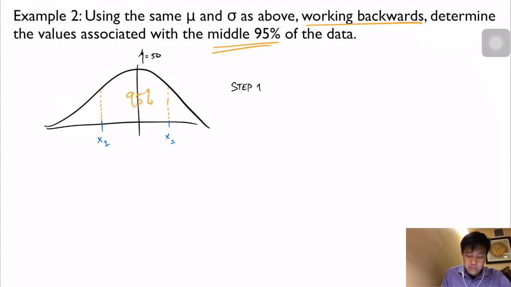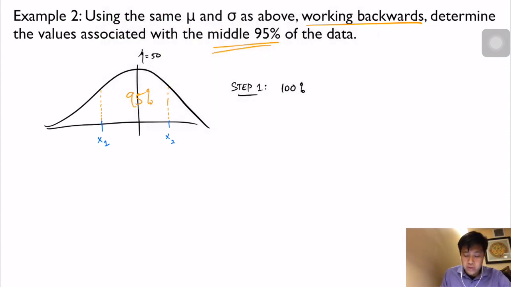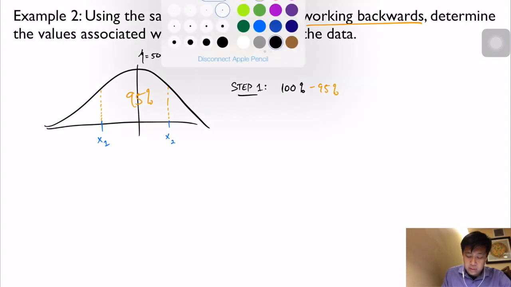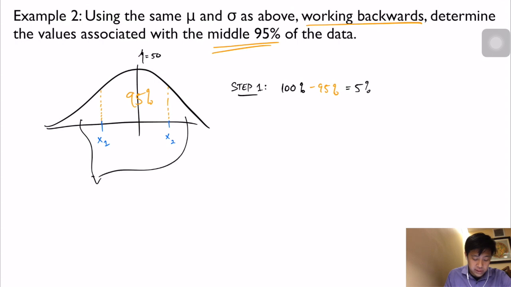we have this 95%, but we can't use it because it starts in the middle. Again, the Z table reads from left to right, so we have to subtract. That gives us 5%. Now what does this 5% represent? Remember, it represents this portion and this portion. In other words, the tails of the normal distribution here, 5%.